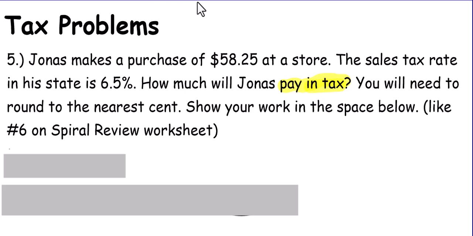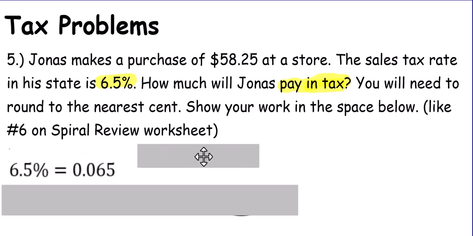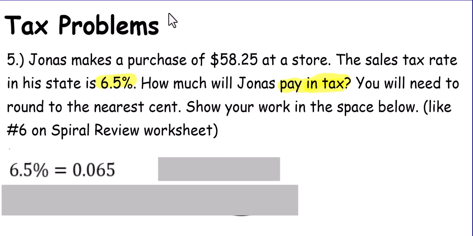So we've got 6.5% tax. We want to write 6.5% as a decimal. Sometimes students will say to me, well, that already is a decimal, but 6.5% does not equal 6.5. We've got to move that decimal point to the left 2 places. It's going to be 0.065.